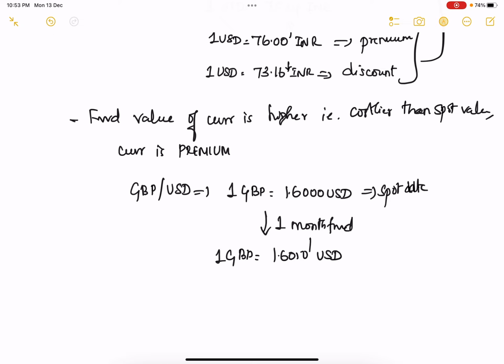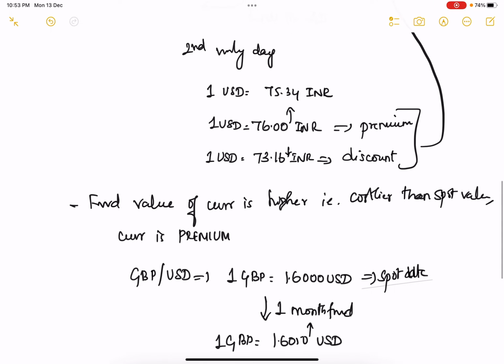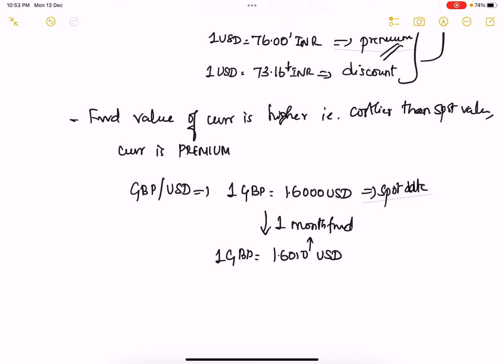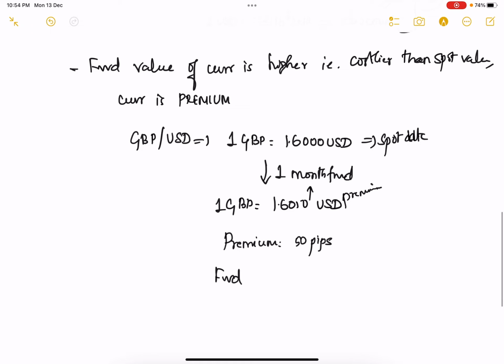So thereby the value of currency increases. So as I told you, if the value of currency increases, then it is classified under premium. So USD will be in premium. That is, premium is 50 pips. So therefore, forward rate, as I told you, is equal to spot rate plus premium. So spot rate is 1.6 plus premium, which is 50 pips. So this is forward rate.